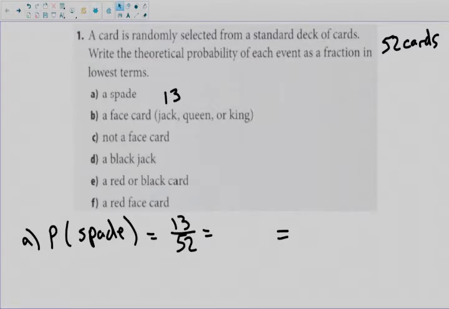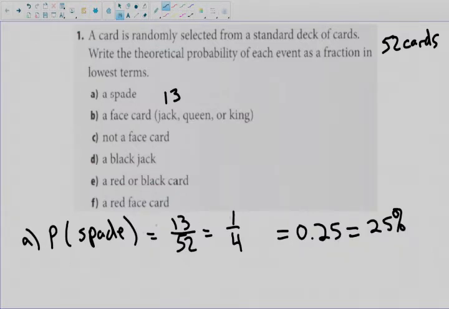Because this is a proportional relationship, there's one suit out of 4, so this actually will become 1/4. I'm going to let you try to figure out how that is. And this would give us a decimal of 0.25 and a percentage of 25%.